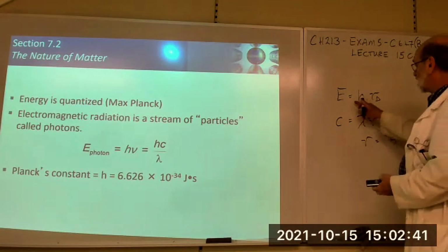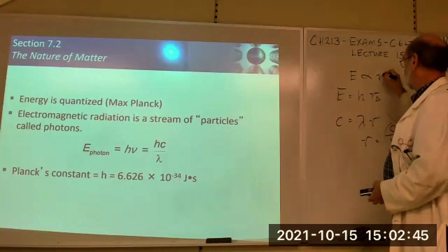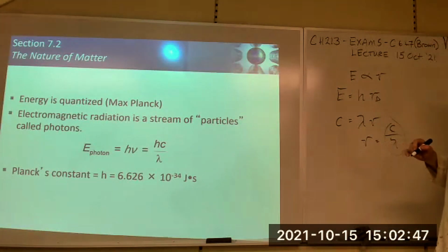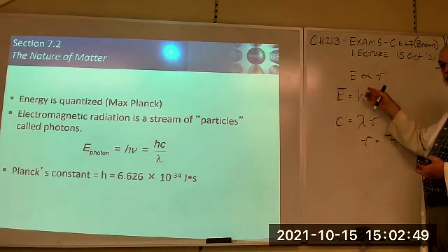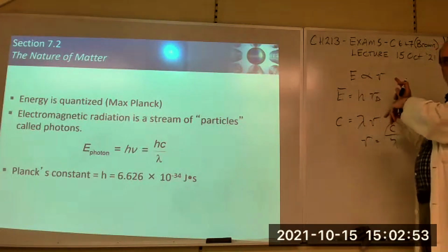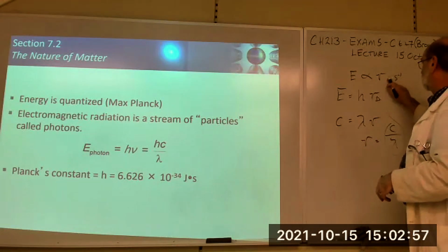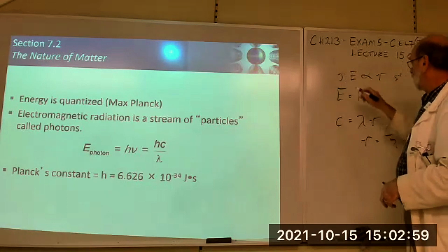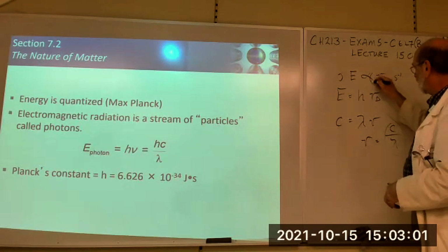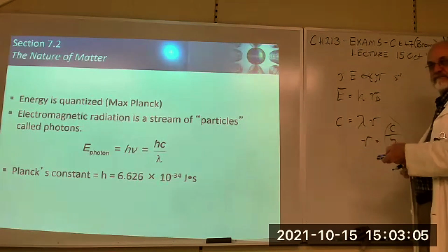If we're going to say that energy is proportional to frequency, we can't say it's equal until we are able to resolve the difference in units. This one's going to be in hertz or reciprocal seconds. And this one's going to be in joules. So we need something stuck in here to make the conversion. And that's what this is.